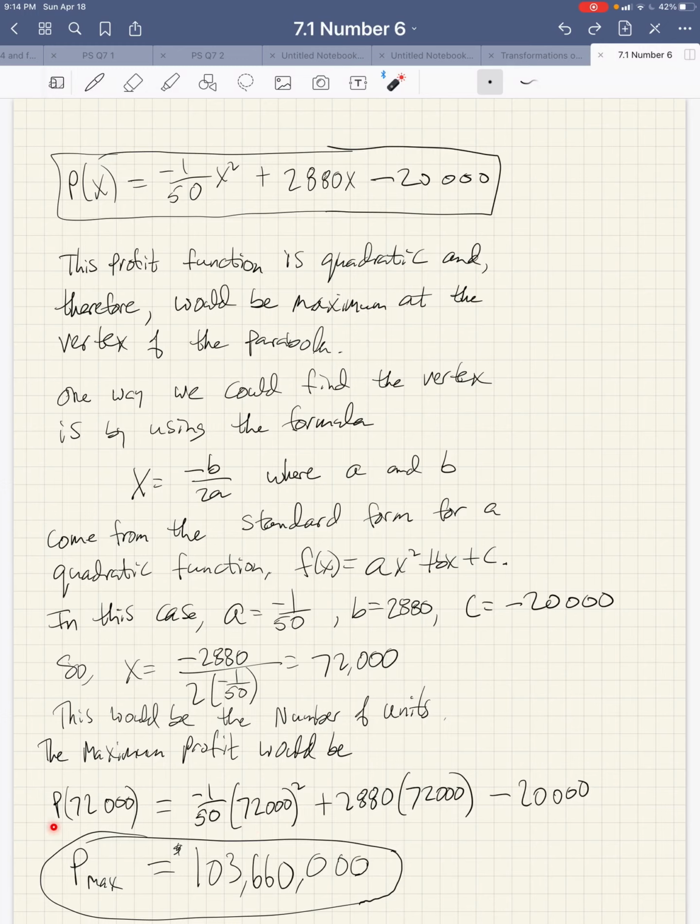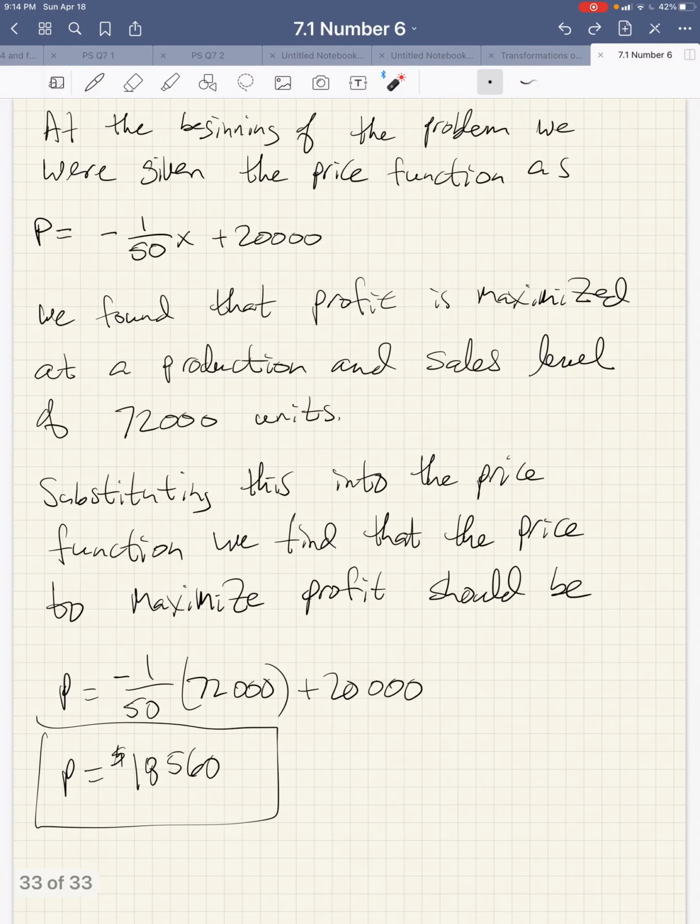So we have the profit for 72,000 units is minus 1/50 times 72,000 squared plus 2880 times 72,000 minus 20,000. And remember, using our order of operations, what we would wind up with is a maximum profit of $103,660,000.